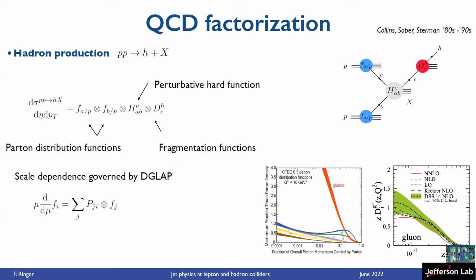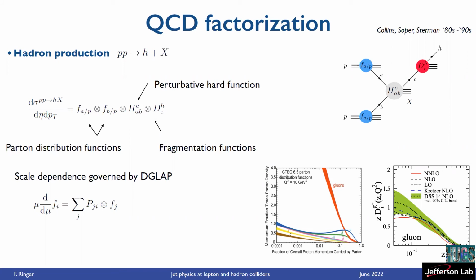And of course, with that factorization, even though I cannot compute these non-perturbative functions perturbatively, what we do know from the perturbative side is how they change with energy. That's the scale dependence, governed by what are called DGLAP evolution equations, where if I want to know the parton distribution function at a different energy scale mu, I have to solve this equation.